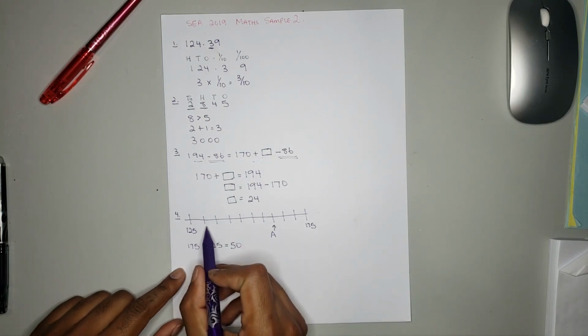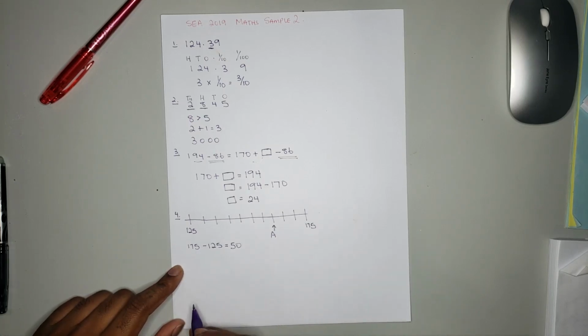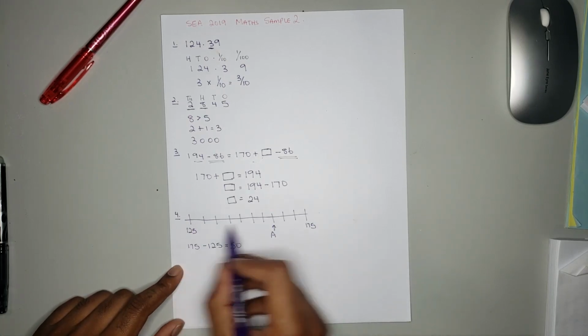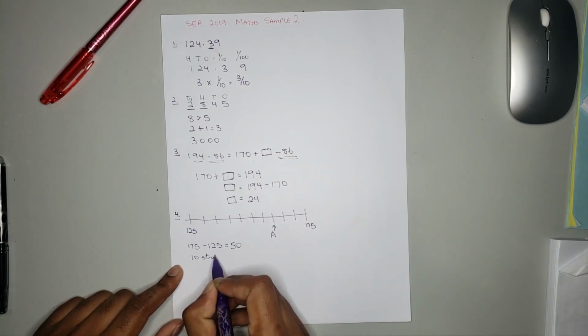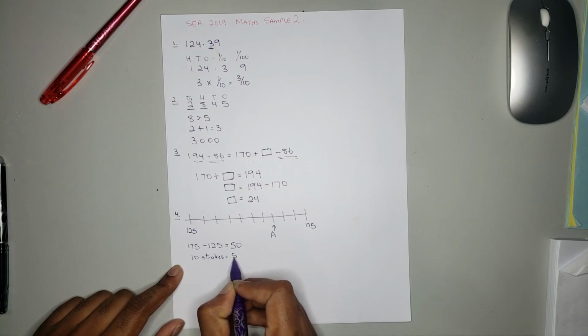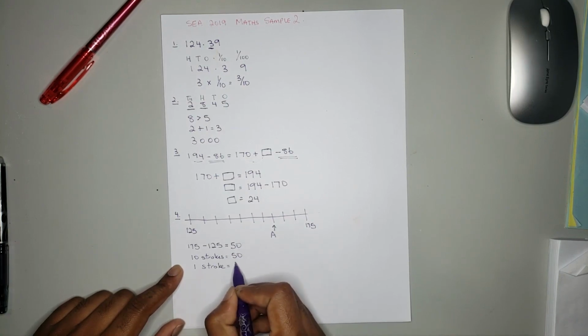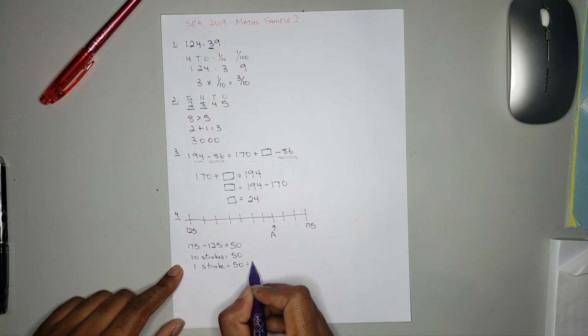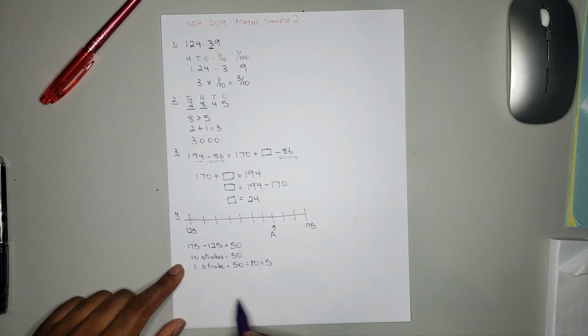Alright? So each one of these strokes, when added up together, gives a total of 50. So you have 10 strokes from 125 to 175. So 10 strokes is equal to 50. One stroke is equal to 50 divided by 10, which is equal to 5. So each one of these represents 5.